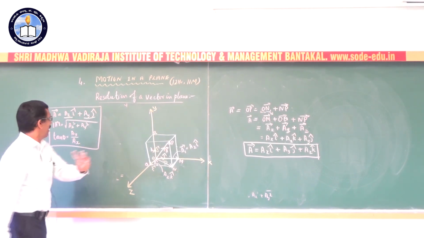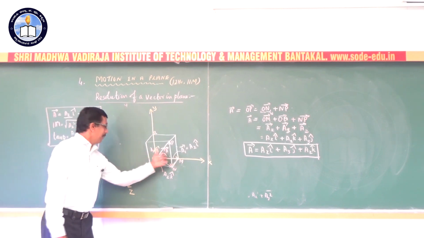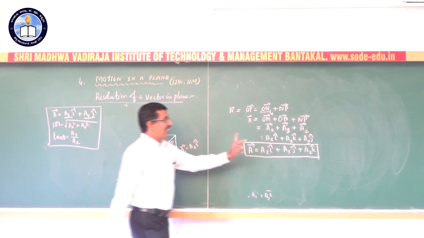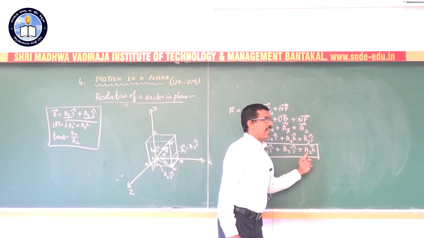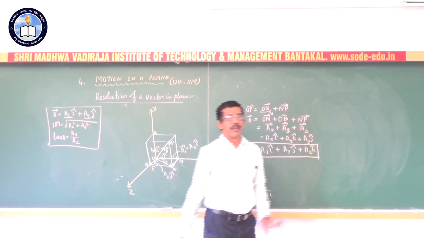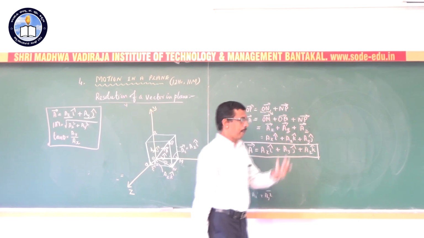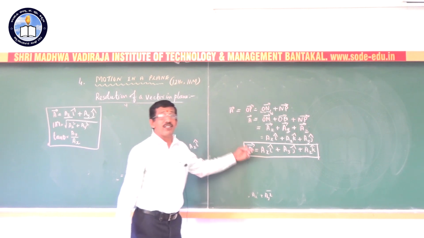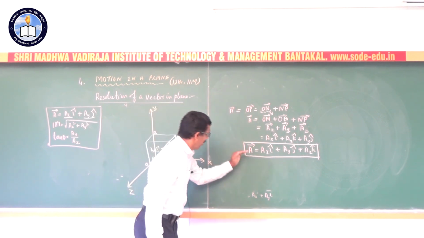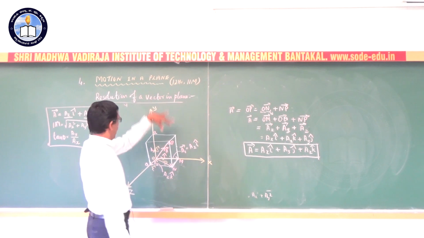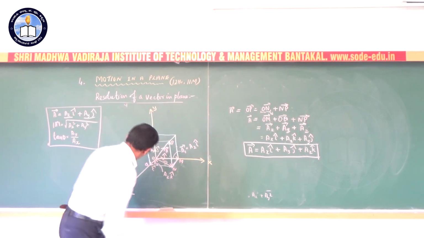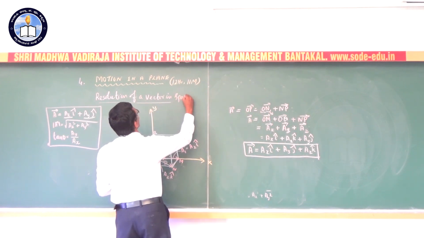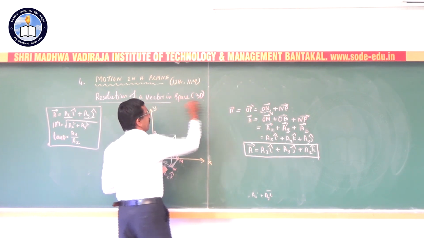In 3 dimensions, one more term adds up along the Z axis, that is AZ into k cap. So, this is the representation or resolution of a vector in space, or 3 dimensions.